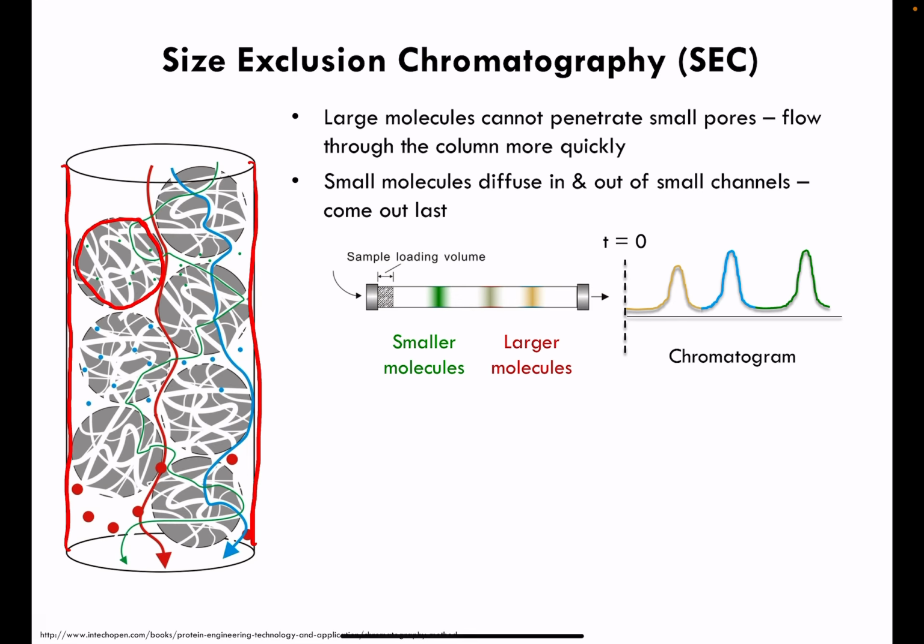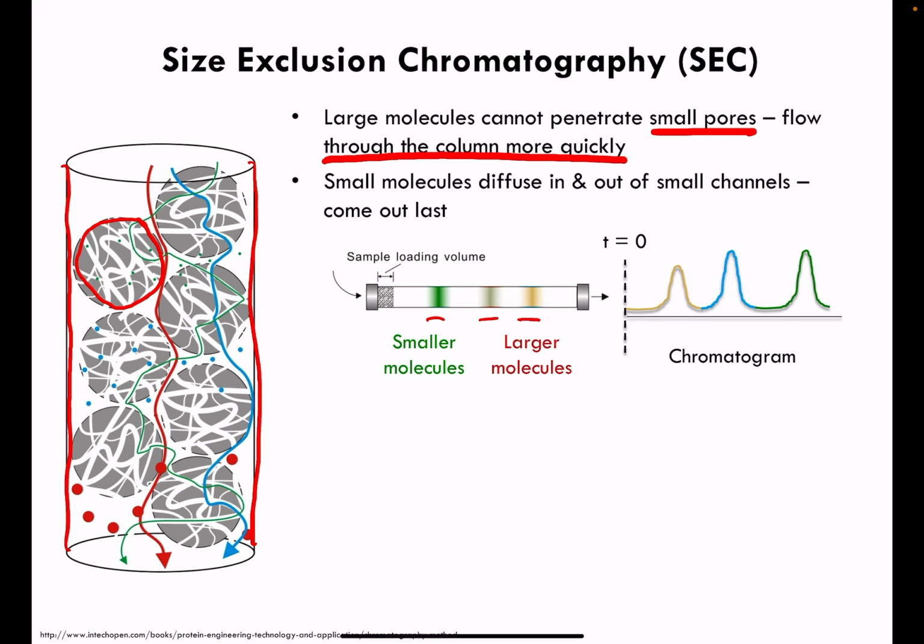What we know is that large molecules will not be able to penetrate into any of the small pores, but instead would have to flow around them and through this column of packed material more quickly. Okay, so imagining a sample that contains both large, medium, and small molecular weight polymers, we can consider a simple thought exercise of how large molecules versus medium versus small molecules might pass through this pipe comprised of this porous packing material.